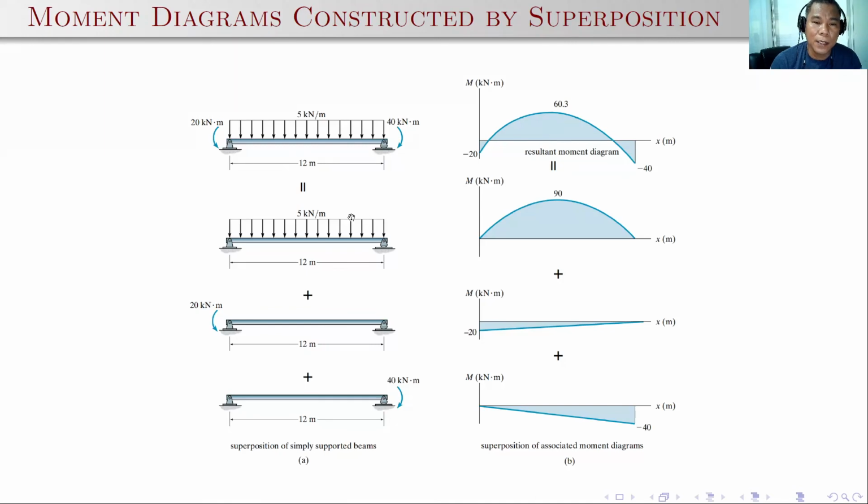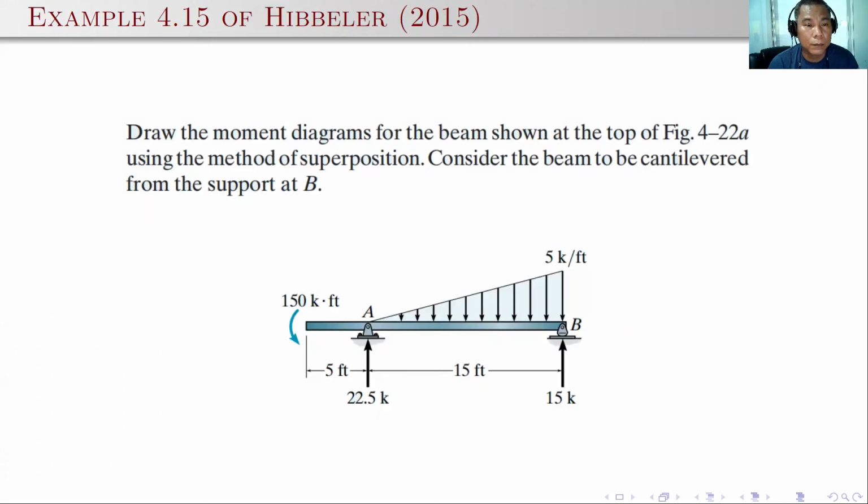But it's easier if we separate the loading. So here we have the uniformly distributed loading, the 20 kilonewton-meter couple, and the 40 kilonewton-meter couple. As you can see, we can simplify the resultant moment diagram above to 3 simpler moment diagrams.